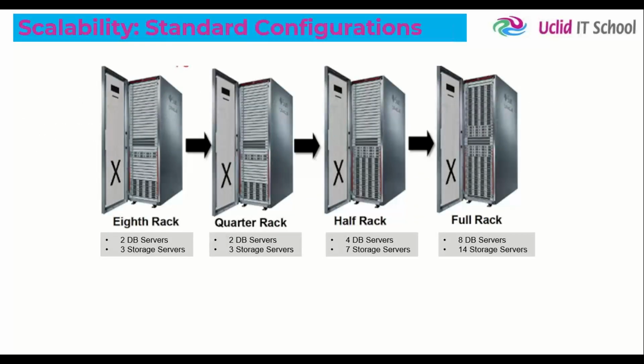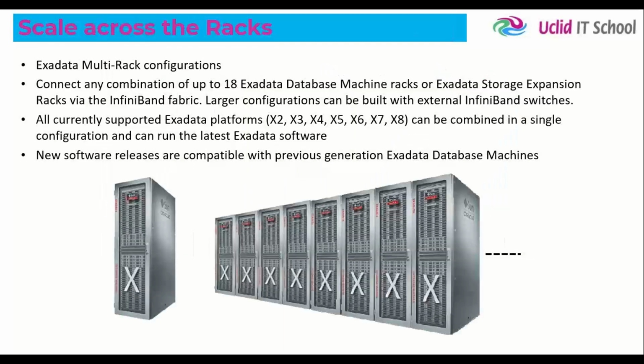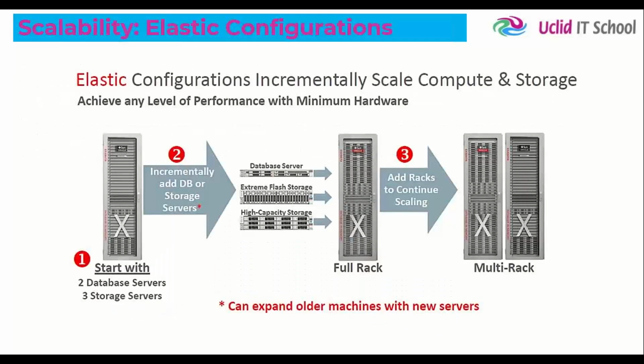So that way, Exadata provides scalability. Vertical scalability, horizontal scalability, we call scale up, scale out. Then when you purchase Elastic Rack, it is all about scalability, right? With Elastic Racks, you can incrementally add more database servers, more storage servers, okay? And scale out the system.